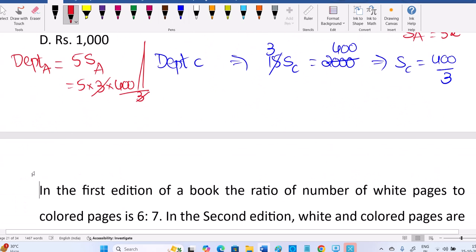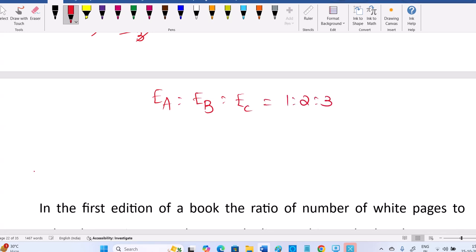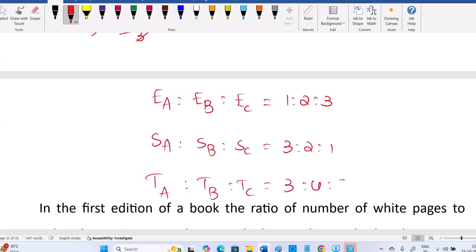What I recommend in this type of question is to directly attack it. Total employees in the A, B, C departments are in the ratio they've given, 1, 2, 3. Salaries of each person in A, B, C are in the ratio 3, 2, 1. Now the total salary ratio, the sum of salaries: 1 into 3, 2 into 2, 3 into 1, which is 3, 4, 3. So the sum of the salaries of A and C will be the same.